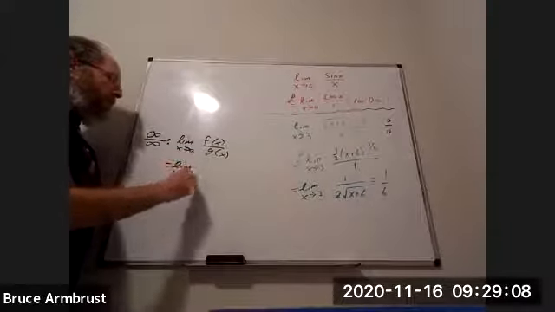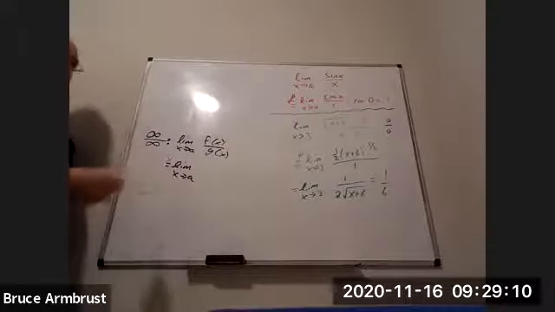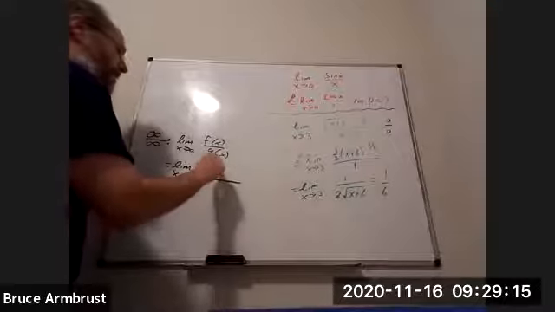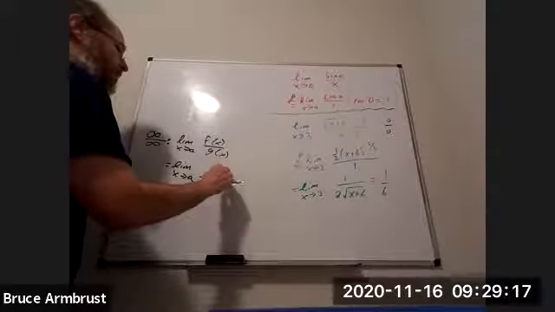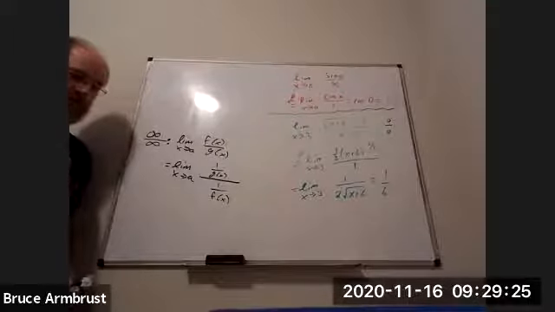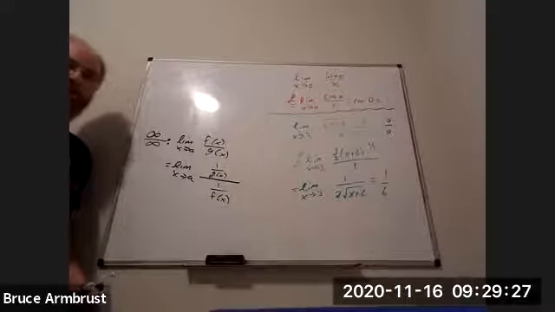So I'm not doing L'Hopital's rule. I'm not putting an L over here. I'm just doing algebra. This is the same as 1 over g divided by 1 over f. Just flip this bottom fraction over, turn it over and multiply, we get f over g.